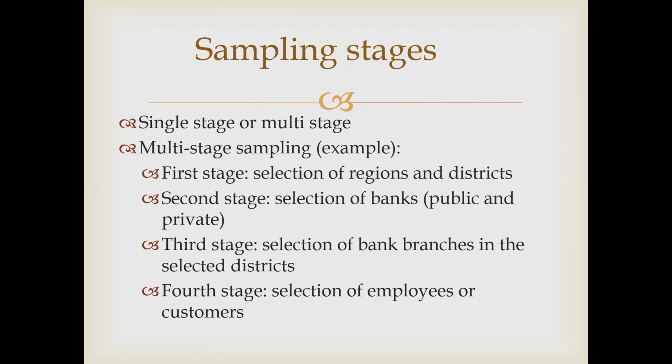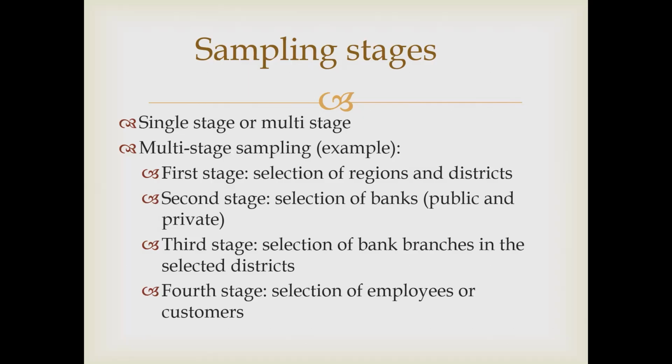Your sample has to be representative of the population. It has to cover the entire Kerala. It has to cover both public sector banks and private sector banks. So the 4 stages are required, and finally, we reach the selection of employees. For selecting the employees, we will have to apply either non-random sampling methods or random sampling methods.